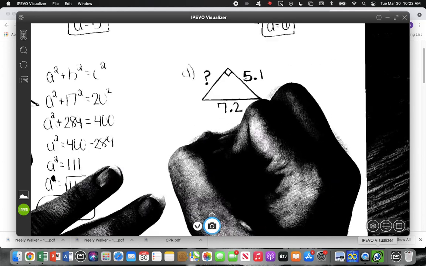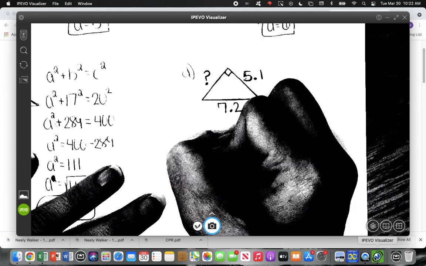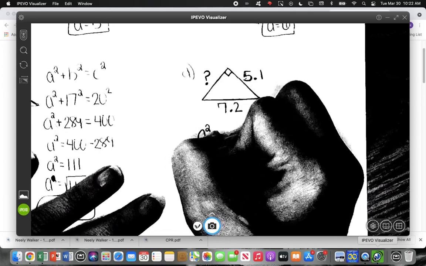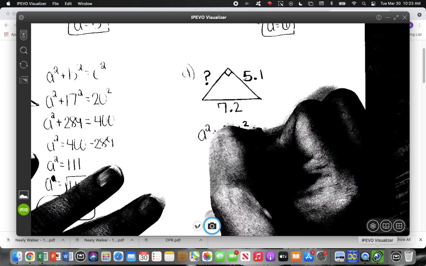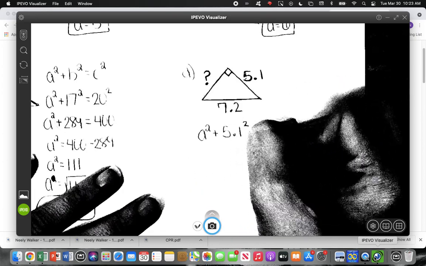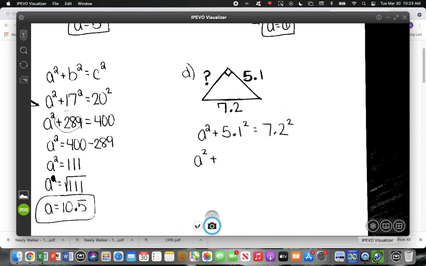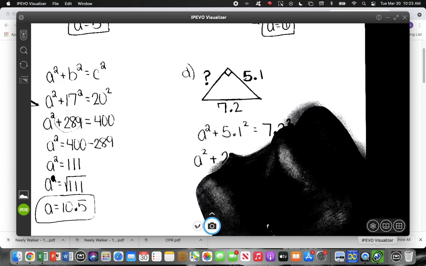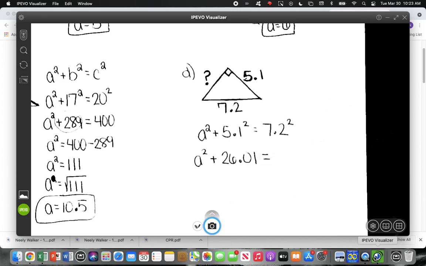I'm going to work it out and then I will show you my results. And remember, do we round during the problem or at the very end? We round at the very end.